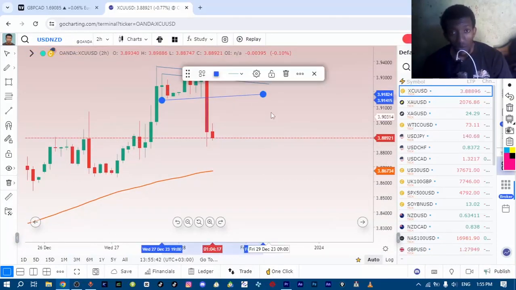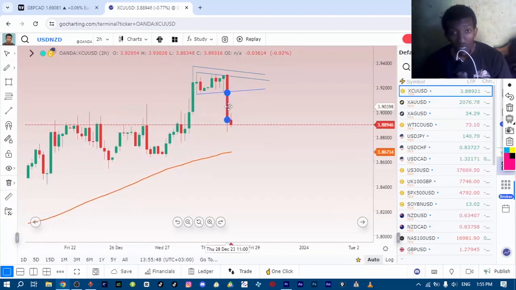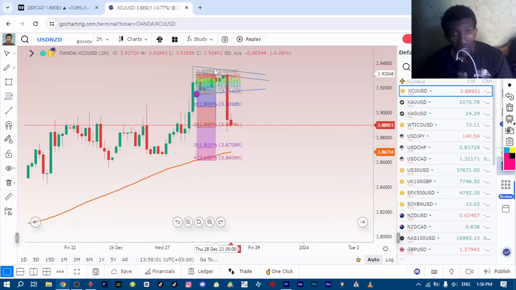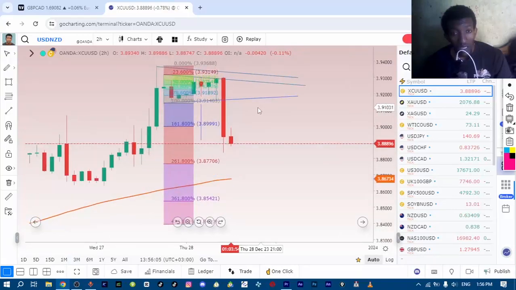But when you let the other 30% of your profit run, as I have told you, let's use our Fibonacci. You use it from here to up there. This is how you do it. So TP1 would be right there, TP2 is right there.